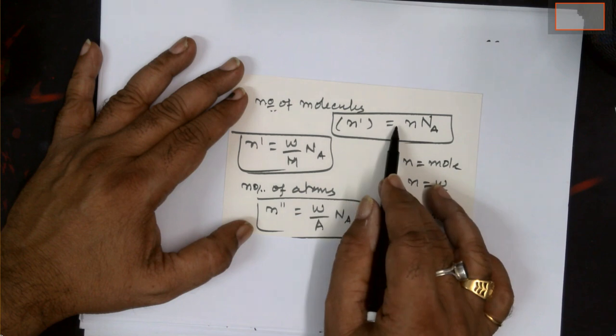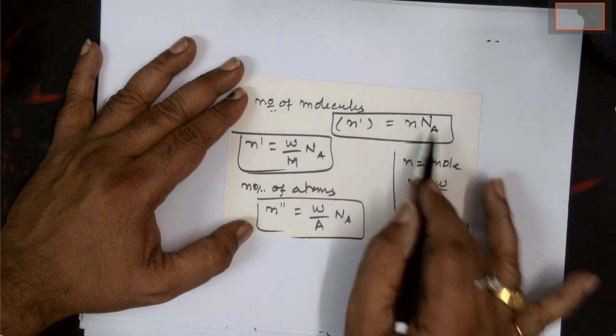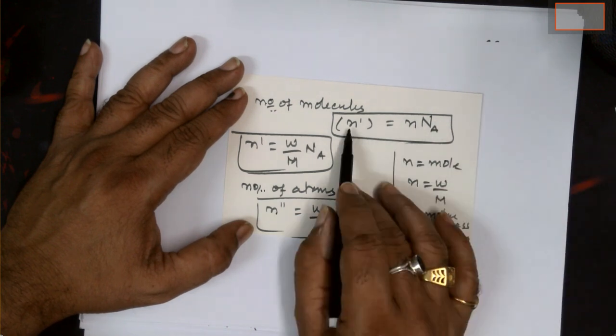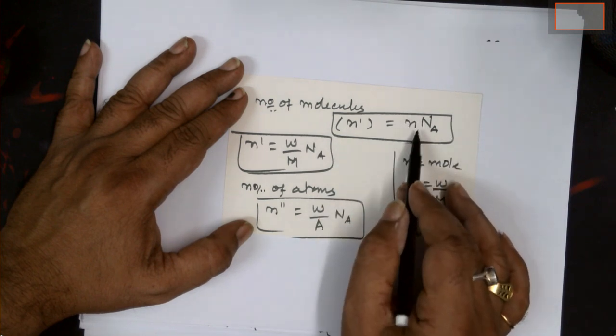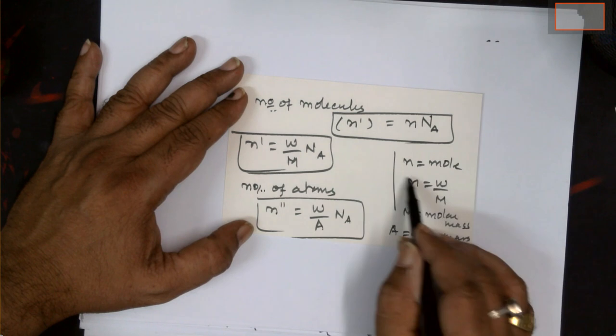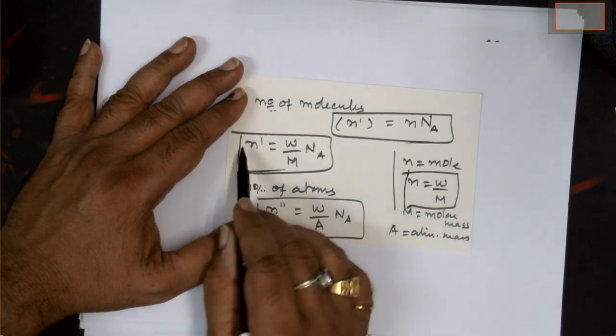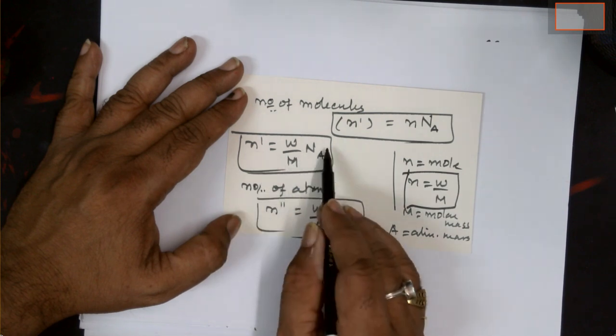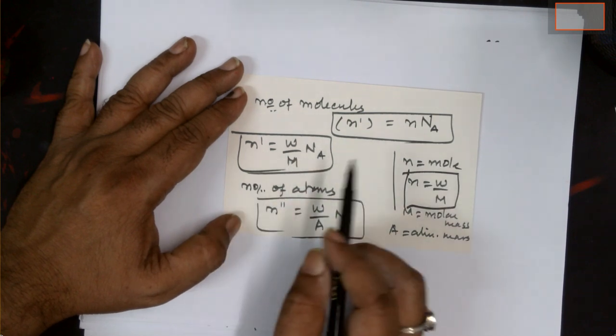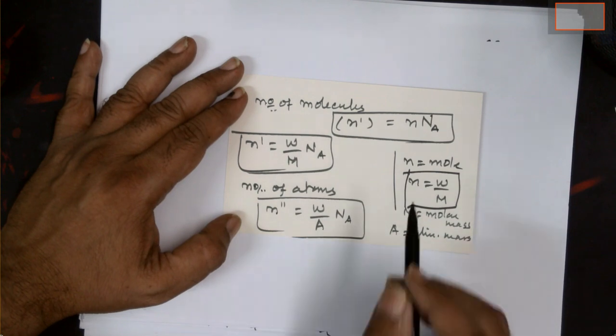N dash is equal to N into Na, Avogadro's number. Since N is equal to W by M, N dash is W by M into Na. So N dash means number of molecules.